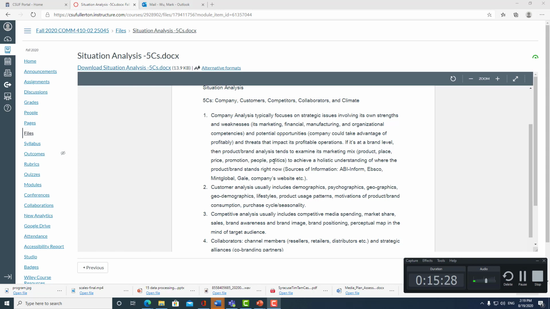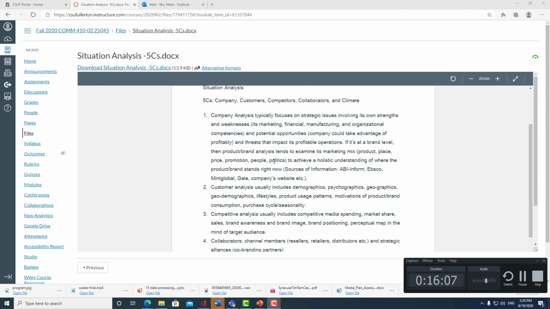Second C is called customer analysis. Customer analysis usually includes demographics, which means age, gender, ethnicity, income, where they live, those kinds of things. And psychographics basically means how they psychologically see themselves, for example lifestyle, and how they see themselves in terms of, say, social classes.